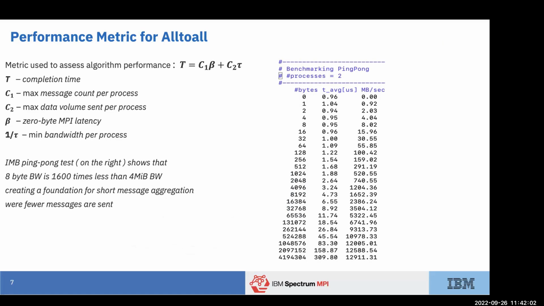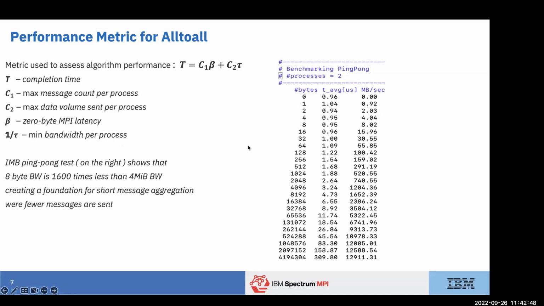This metric is time, which represents the completion time of the algorithm, and consists of this C1 parameter, which is the message count per process, actually the maximum message count per process. The C2 parameter is the data volume sent by a process. Beta is the MPI latency, and 1/2 is the minimal bandwidth per process.